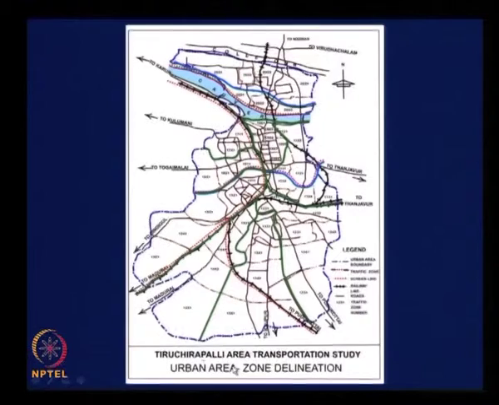What they have done here is they have just taken the revenue boundary or the consecutive ward boundaries as a guideline, so that within a sector they will have a clear cut number of traffic zones. If a sector line passes through the middle of a traffic zone, then there will be confusion, isn't it.